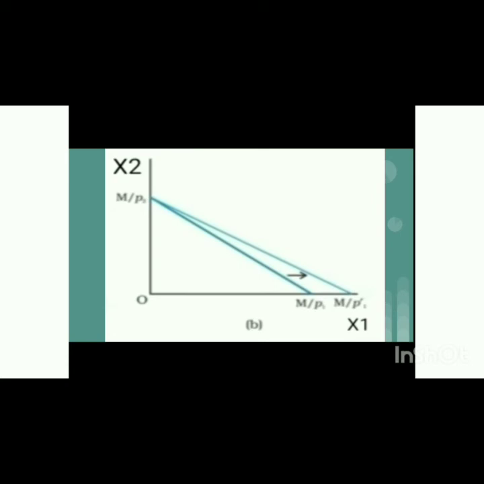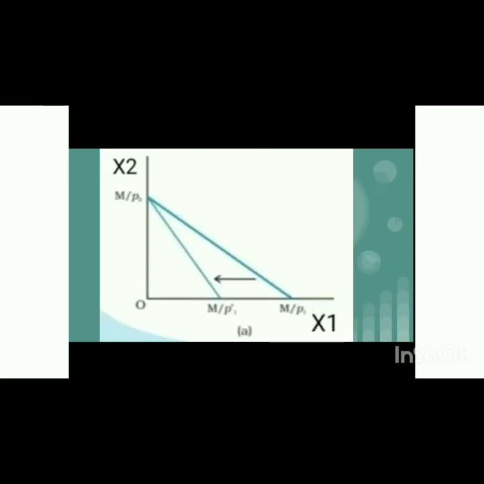We take another example. When the price of good 1 increases, the budget line shifts leftward, with the price of good 2 constant and the income of the consumer also constant.